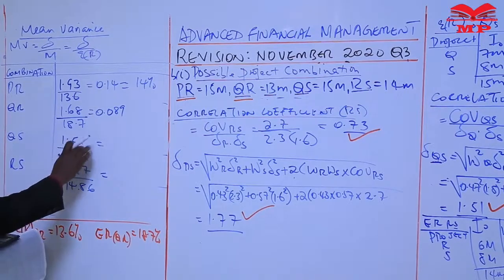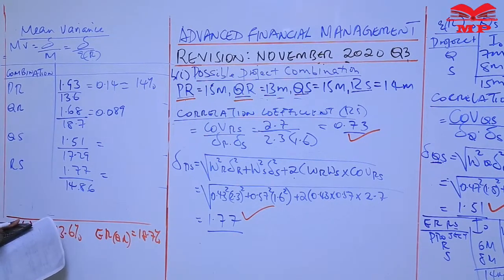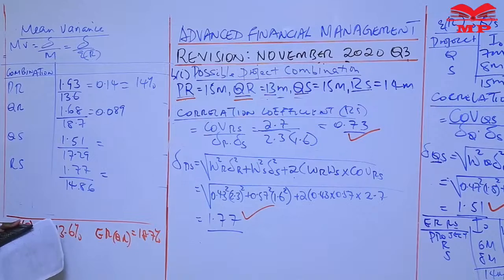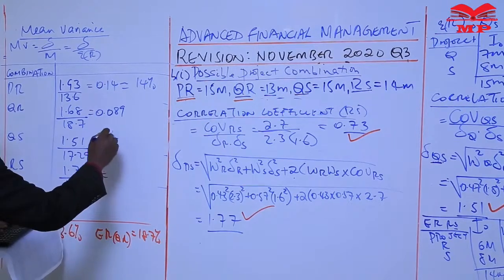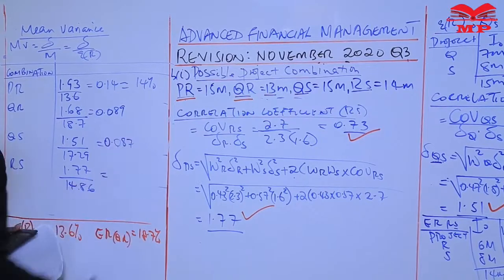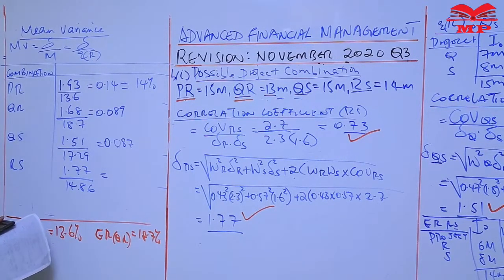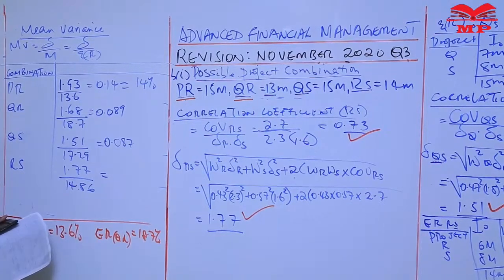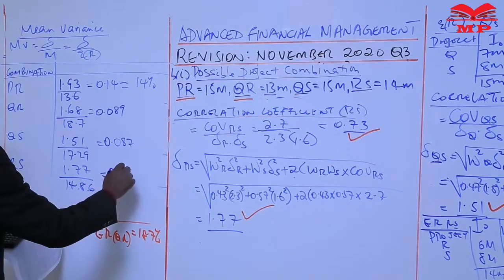Next, 1.51 divided by 17.29 is 0.087. Then lastly, RS, 1.77 divided by 14.86 is 0.119.